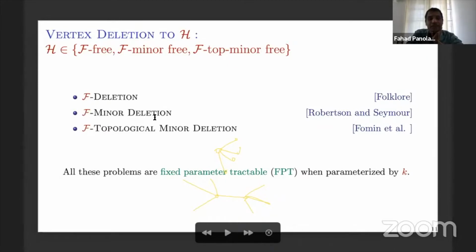And for F minor deletion, it follows from the graph minor theorem of Robertson and Seymour that F minor deletion is FPT. In the sense that all the graphs which are yes instances of F minor deletion for any fixed K will form a minor closed family.